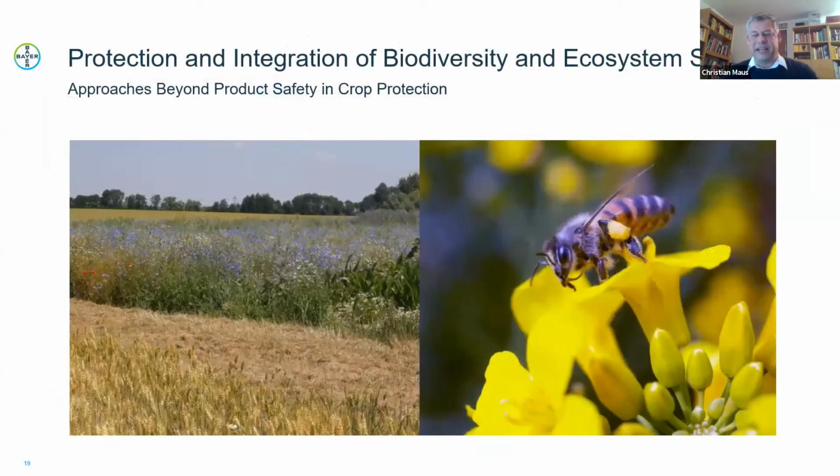So now finally, let's look at a few other examples of how biodiversity and ecosystem services can be protected in agriculture, which go beyond product safety.